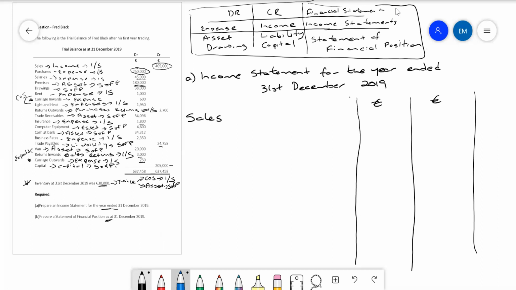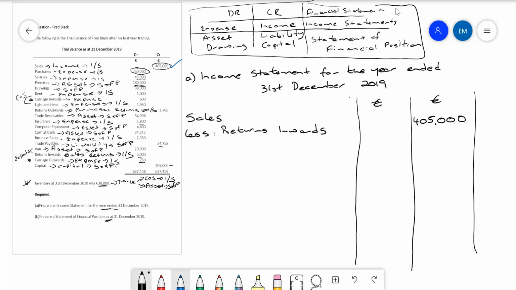And I'm going to tick off the trial balance as I go along to denote that I have dealt with that particular account classification. So our sales figure is €405,000. And from our sales figure, we will take off our sales returns figure. So we have less returns inwards.